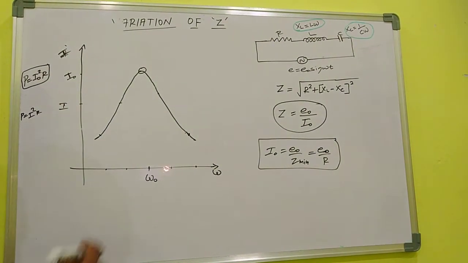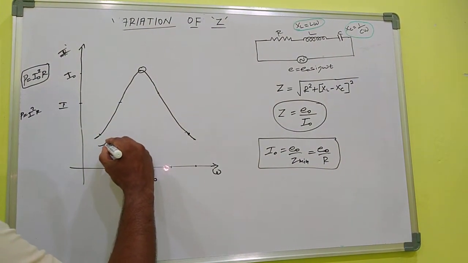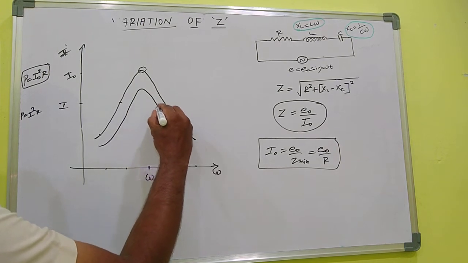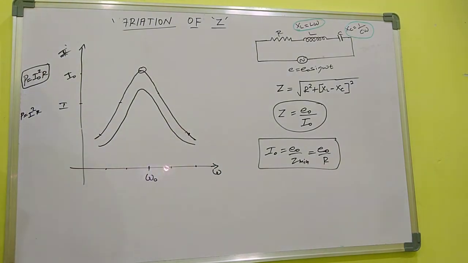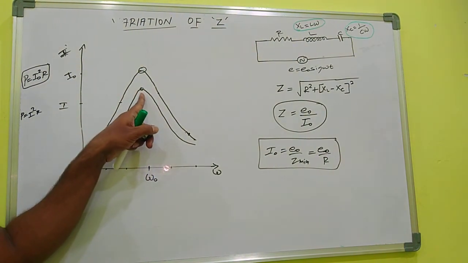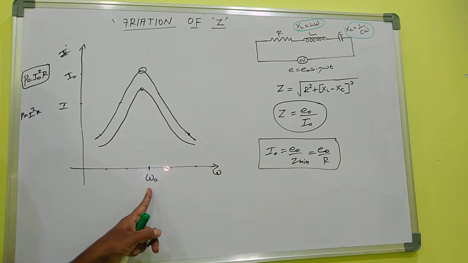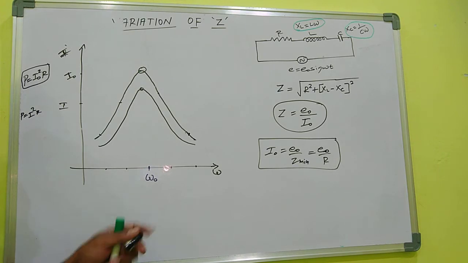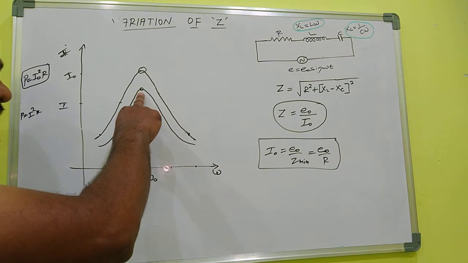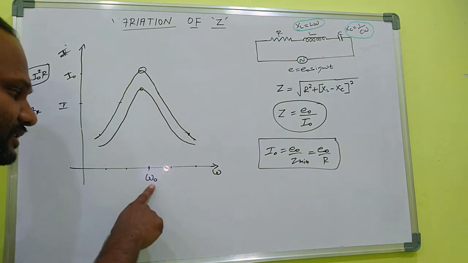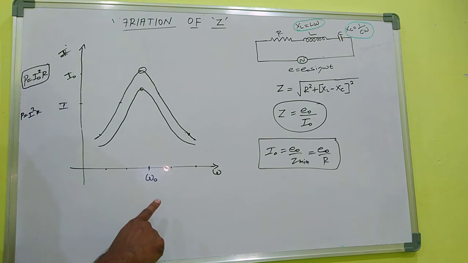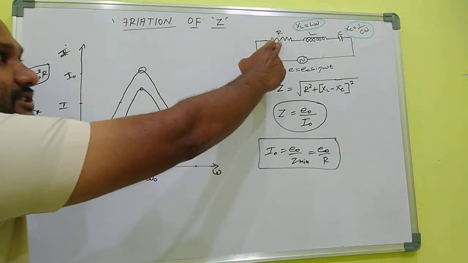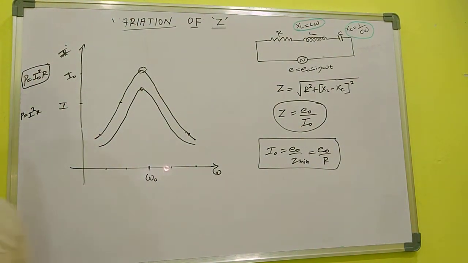The same thing is followed, but the peak value of current can be different. So we can change the peak value of current without changing the angular frequency, without changing the natural frequency, without changing the applied frequency, by changing the value of resistance.